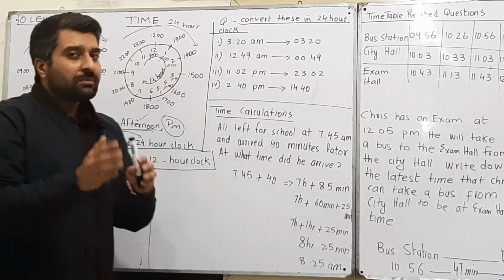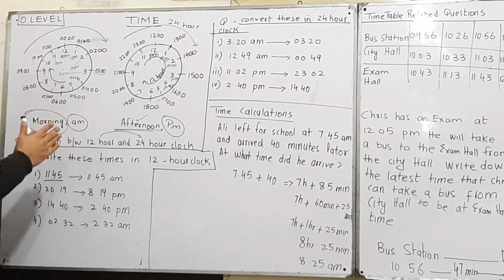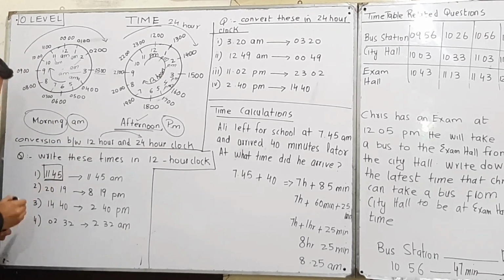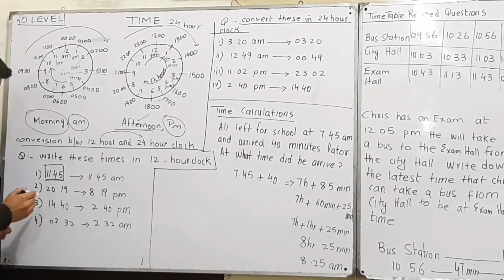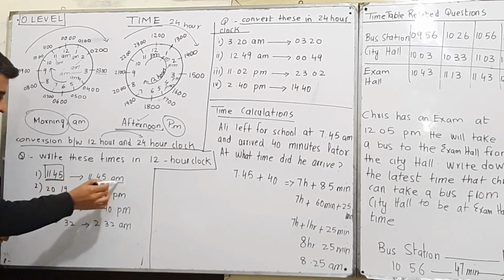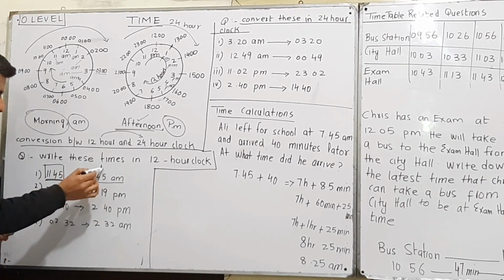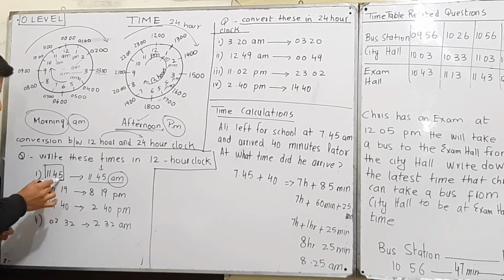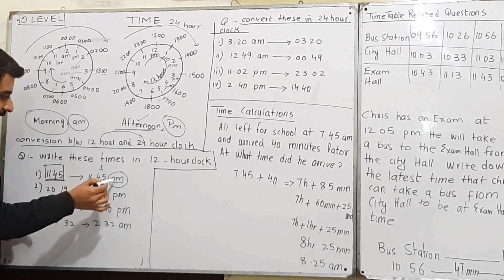And if your number is less than 12, then it is obvious that it is AM time. In 12 hours we use AM. In 24 hours we don't use AM. In 24 hours, if the time is less than 12, like 11:45, you will represent it as AM.